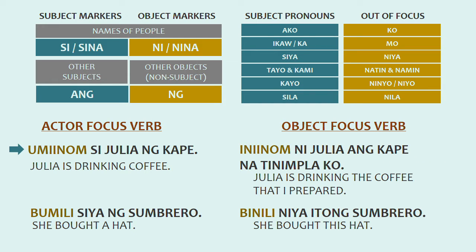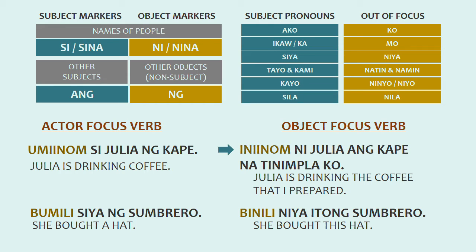And for the second example, when using the actor-focused verb, we used a subject marker, si, for the doer of the action, Julia. And we used nang for kape, because it is not the subject.